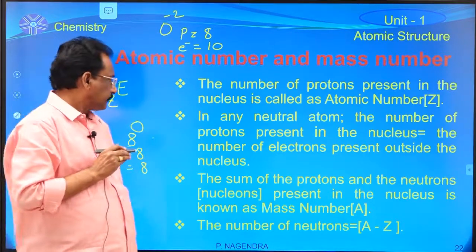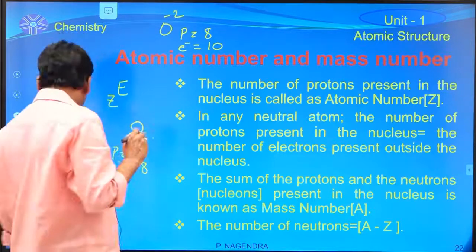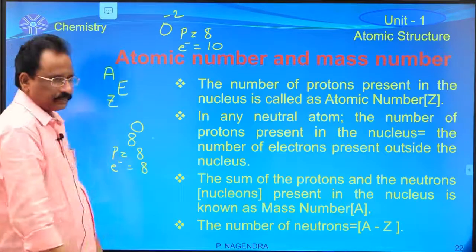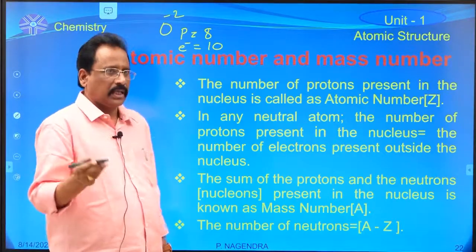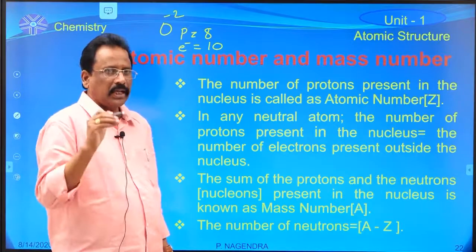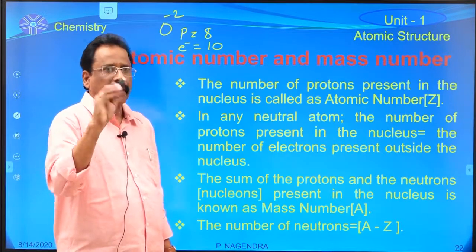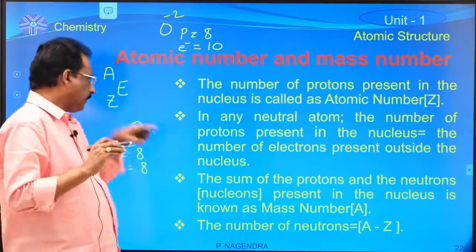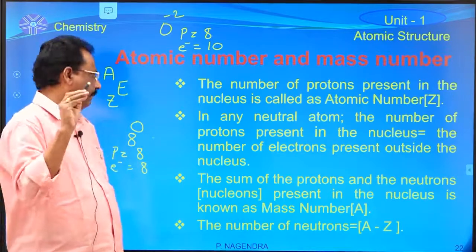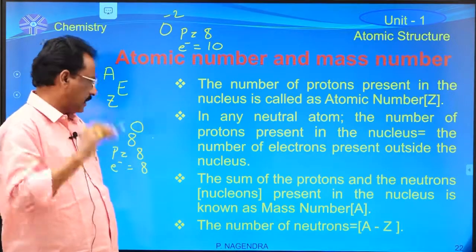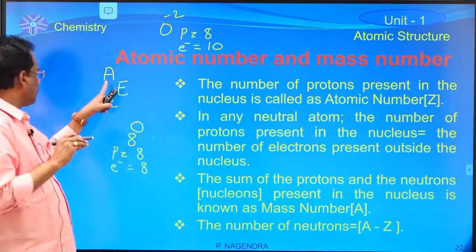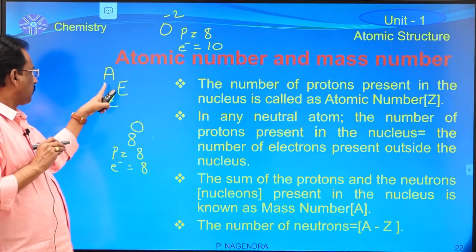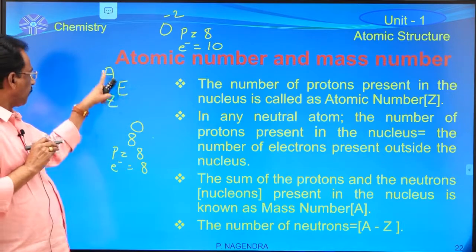And the next one is mass number. Mass number is designated by the capital A symbol. Most of the students have a big confusion about the atomic number and mass number. So, please follow properly. The atomic number symbol is capital Z. The mass number symbol is capital A. It is represented like this in the form of a superscript on the left hand side.